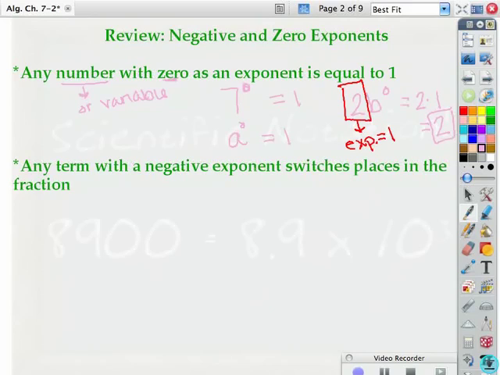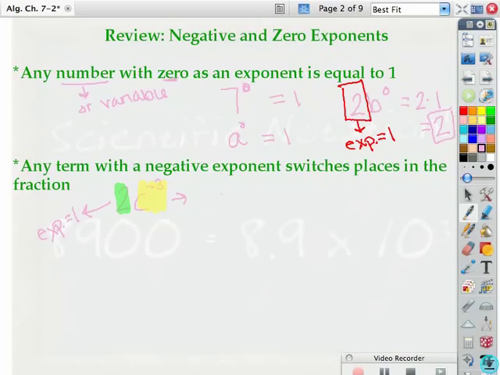With a negative exponent, it switches places in a fraction. So for example, if you had 2c to the negative third power, remember to look at these individually. 2 is one term, and c to the negative third is a second. The exponent for 2 here is 1.